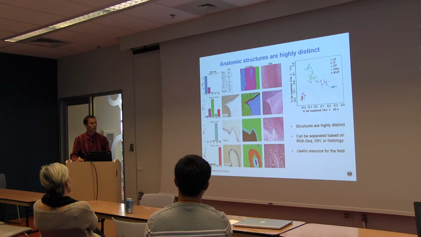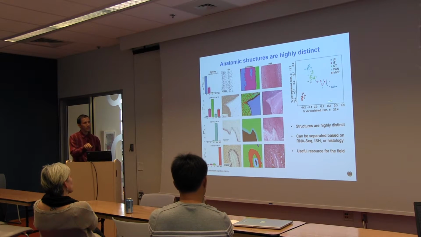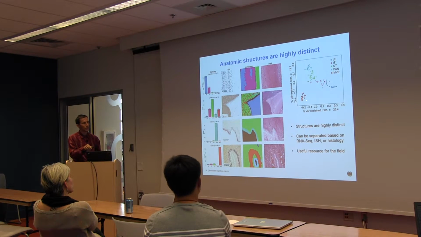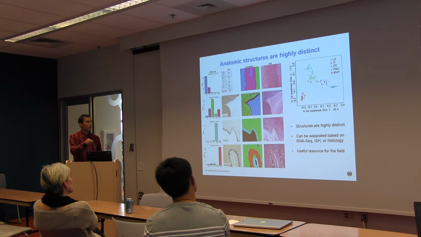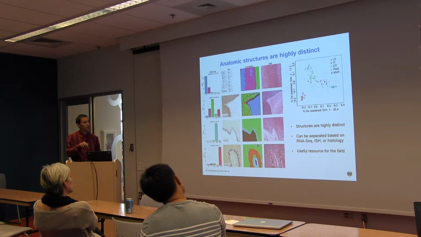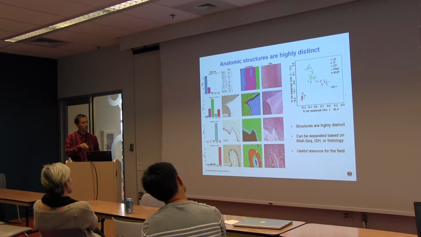If you look at multidimensional scaling, you get a very good separation between these different types of structures. So this is MVP, this is the leading edge, and then this is, I think, PAN. So it separates very well by gene expression. They also separate by histology, as I talked about, to the point where there was an automated system used to determine the different brain regions that was very accurate.